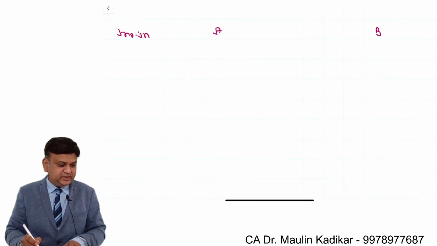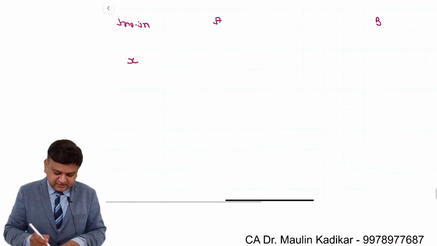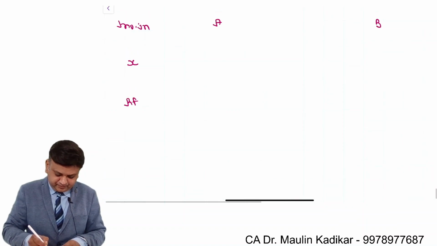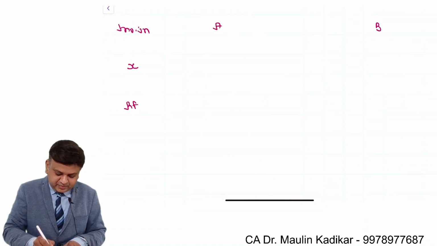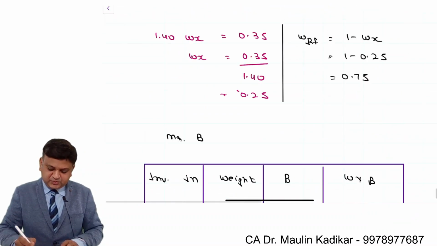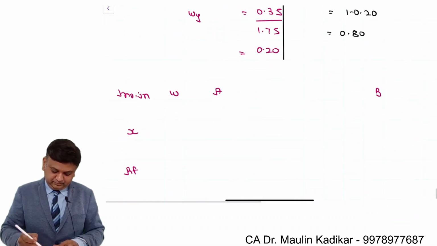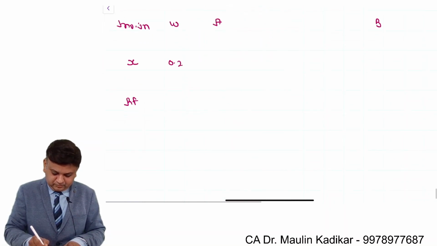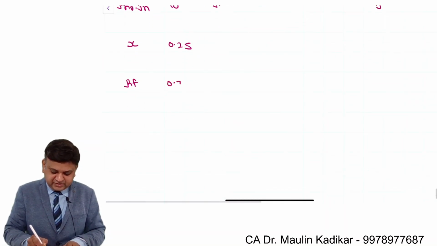As far as A investor is concerned, he has made investment in X and RF. Weight or proportion: weight of X is 0.25, weight of RF would be 0.75.